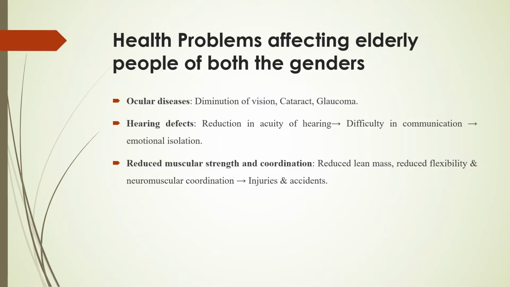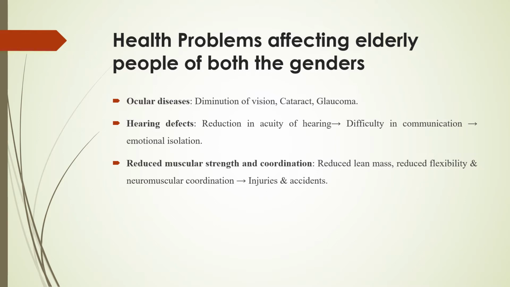All these problems, that is cataract, glaucoma, and diminution of vision, decrease their ability to earn, to communicate, or to interact with other people. So this is a very important problem in the elderly age group, ocular diseases.